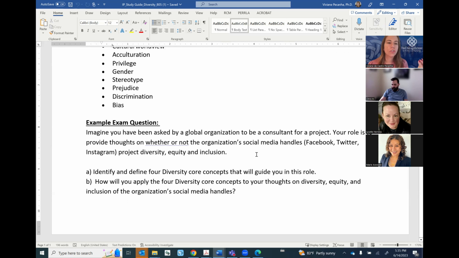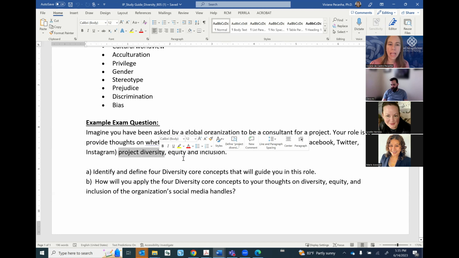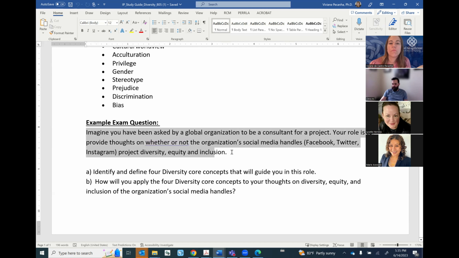Your role is to provide thoughts on whether or not the organization's social media handles project diversity, equity, and inclusion. So this may be one of the cases.